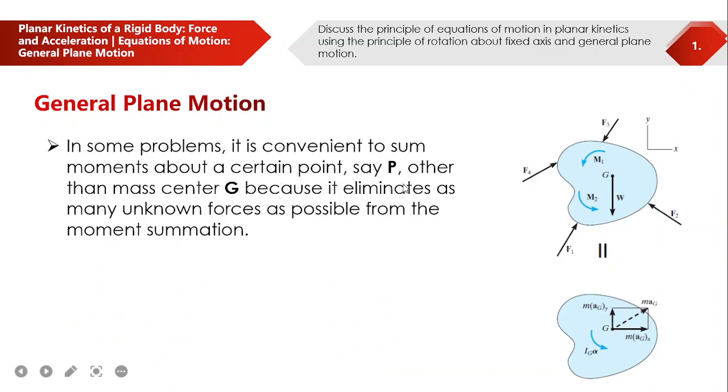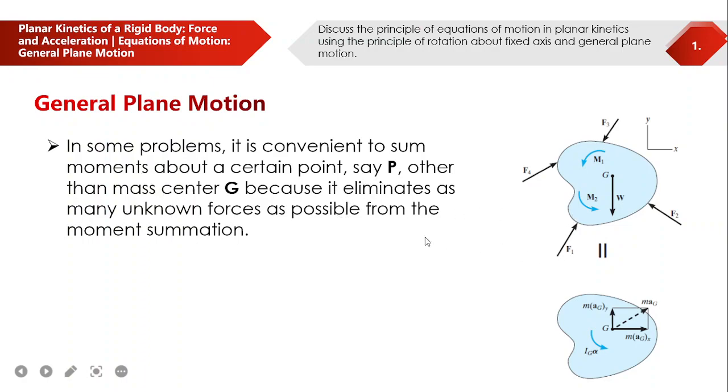Next, in some problems, or in some cases, it is convenient to sum moments about a certain point, say P, other than mass center G, because it eliminates as many unknown forces as possible from the moment summation. Diba? As we all discussed kanina, pwede tayong mag-moment sa certain point or any point.